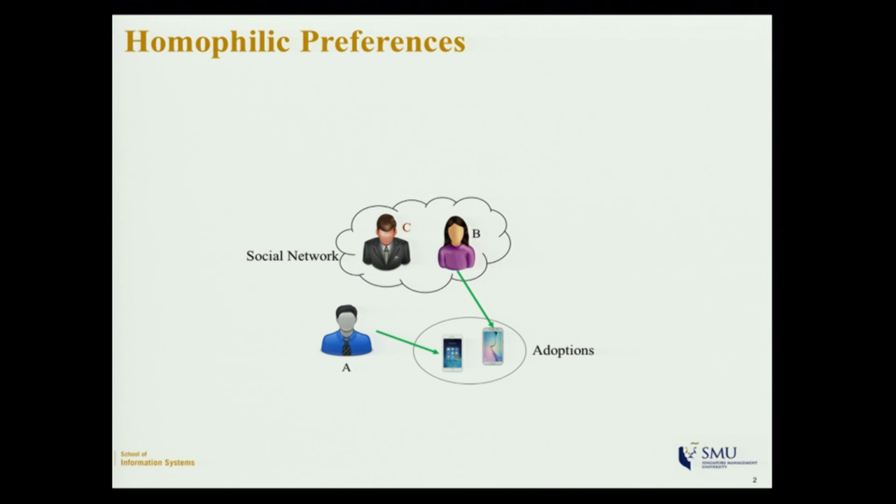We rely on the connections in the social network. If C has a closer relationship with B, we recommend similar items. The idea behind this is that if users have a closer relationship in the social network, we suppose that they will have closer preferences.